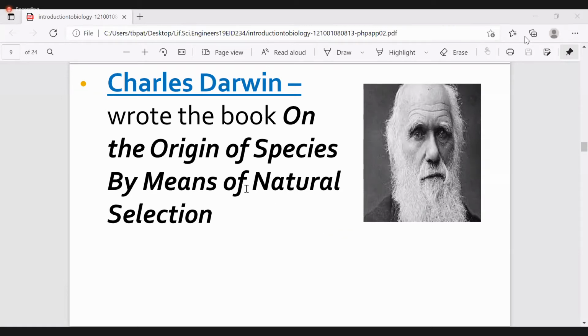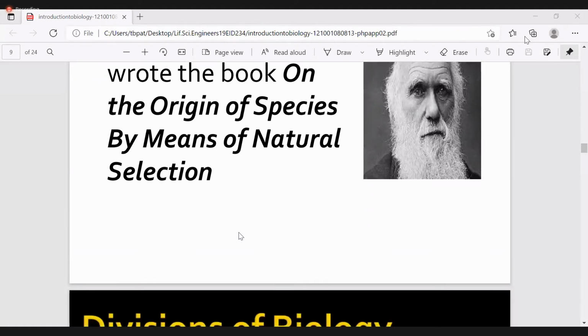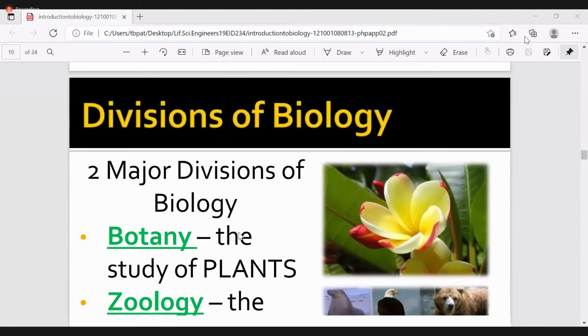Of course, Charles Darwin is a great scientist. He identified how living things, through the selection of species by nature, survive: those species which are stable and sustained can live together. That is the theory he identified.